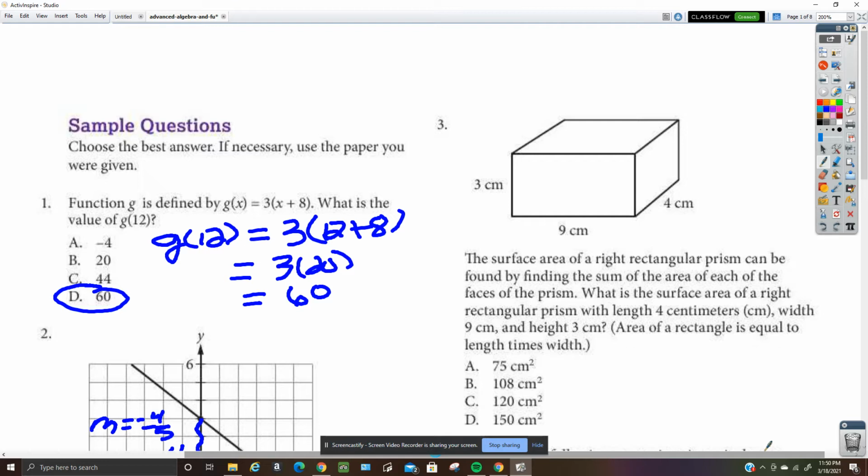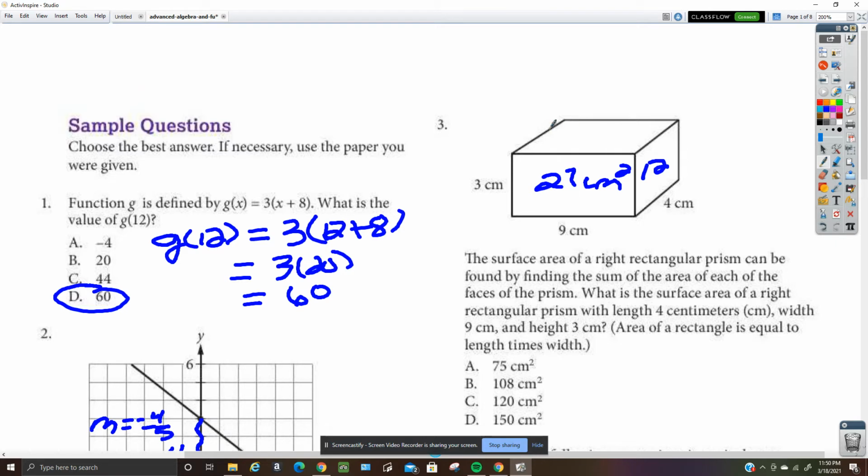The area of a rectangle is equal to the length times the width. So if I look at this front face, this is 27 square centimeters. This would be a 3x4, which is 12 square centimeters again.